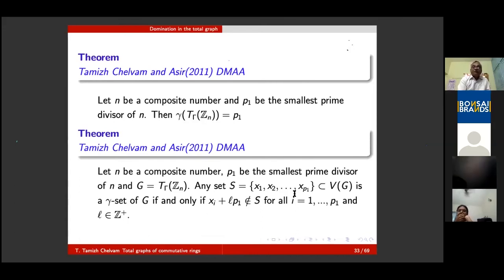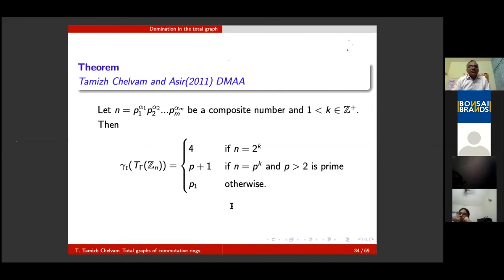Any set of this format, x1, x2, up to xp1, because p1 is the domination number, is a gamma set if and only if it enjoys this property: I have to pick elements from the cosets in such a way that this is not an element of S. And through this, we have obtained all gamma sets of T gamma of Zn. Ultimately, we have studied the intersection graph also.